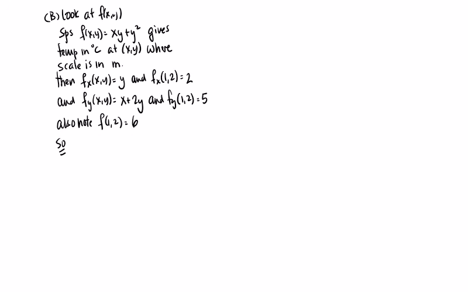This tells us the following. If we were to draw the regular xy plane and go to the point 1, 2, we can actually say three things about this point. At the point 1, 2, the temperature there is 6 degrees Celsius, because that's what f tells us.